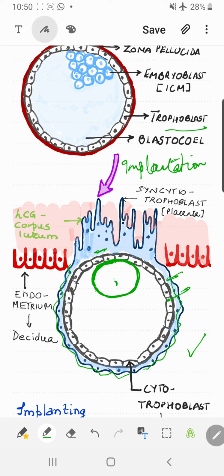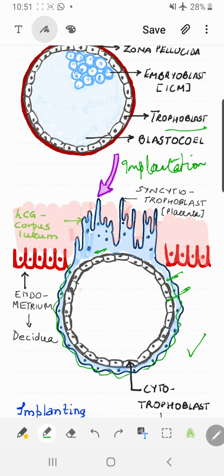Embryonic knob, or you may call the embryoblast cells, wherever they are attached to this trophoblast, they should be touching this side. Just see the alignment and understand what I'm trying to say. Right, children? So later on, you can expect that during development, the point of contact would become this, and then the placenta and the fetus. This is just to give you an idea. Therefore, the cells are supposed to be here so that further they can develop. Right, children? As of now, that explanation is not needed.